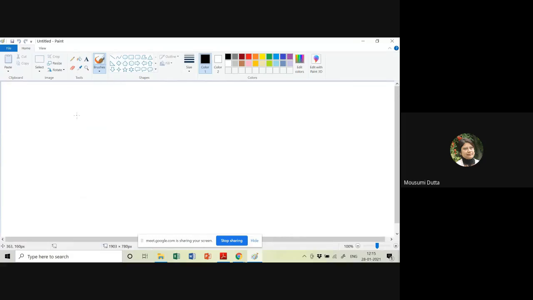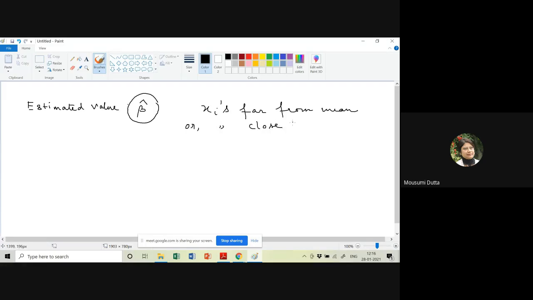The estimated value is beta hat. Now the question is, on this value, which kind of x will impart more effect? xi far from the mean, or xi close to its mean value.